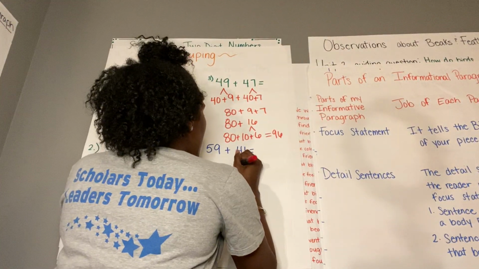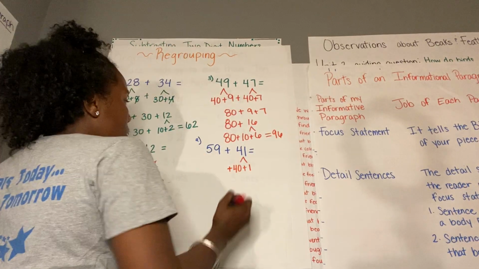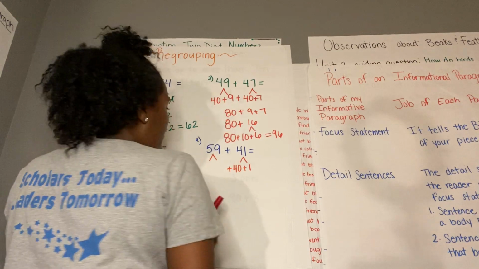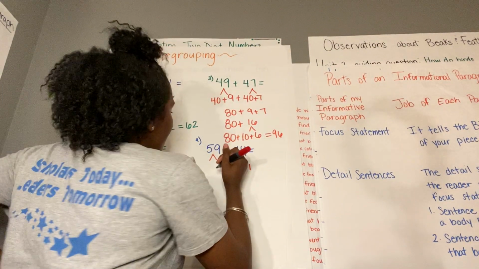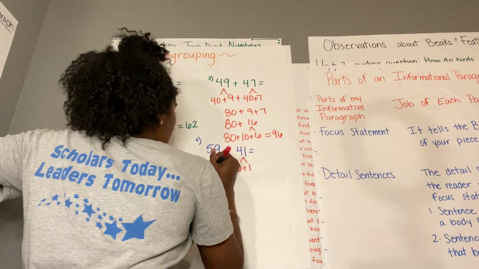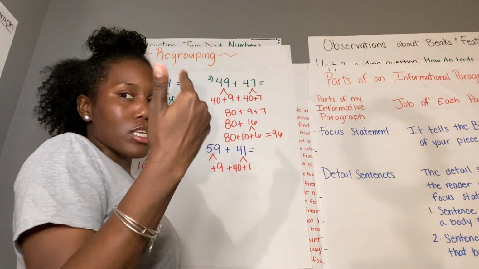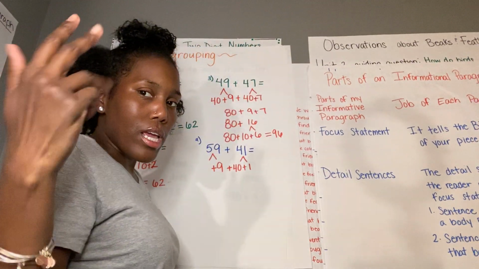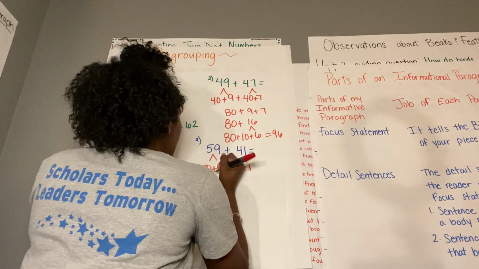So that is now 40 plus 1. Now 59. I've got how many ones? Right, 9 plus 5 groups of tens, which makes it 10, 20, 30, 40, 50. So I'm going to put 50 there.